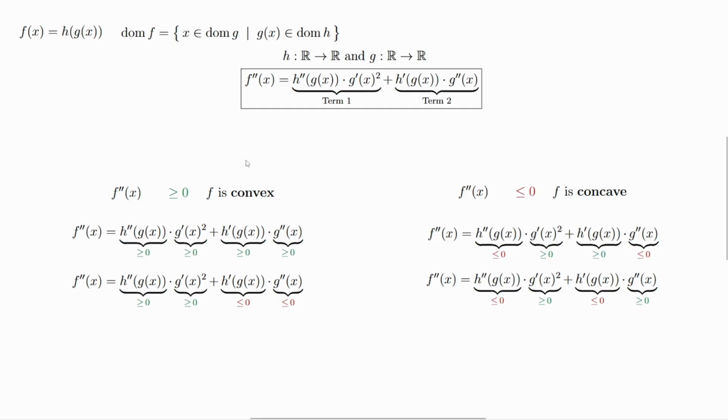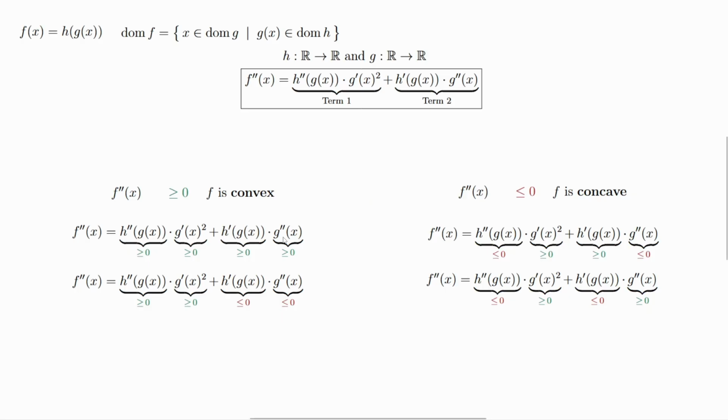Alright, so let's go through the rules for when f is convex, meaning the second derivative is greater than or equal to 0. Obviously, if every term is positive, then this satisfies the condition. That means the second derivative of h, the curvature of h, is positive, and h is non-decreasing, so h is pointed upwards.